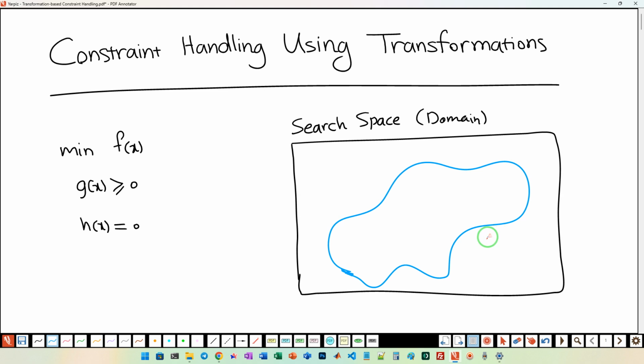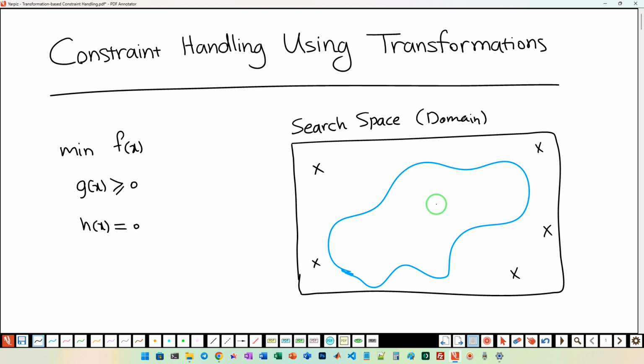These are the feasible solutions. We don't accept solutions from this place. We don't need solutions in here. We are interested in finding solutions only in this area, so we need to make sure that we end up here.